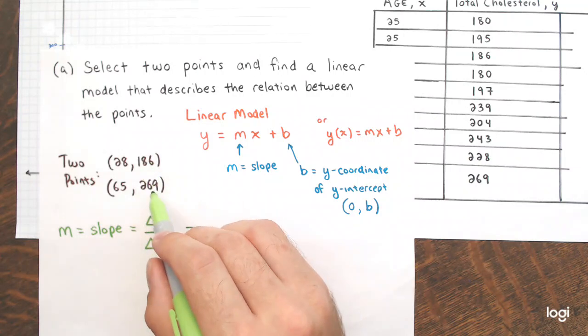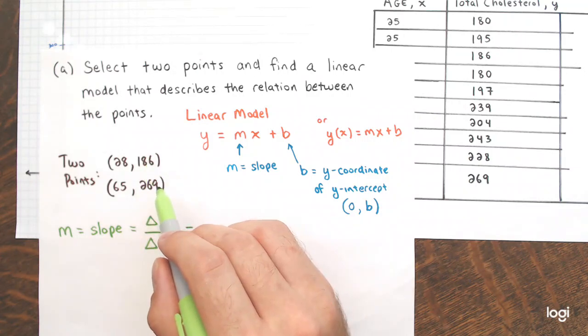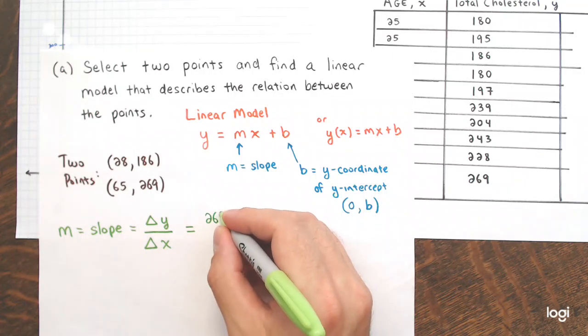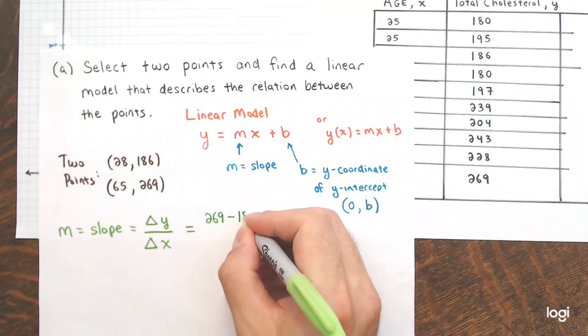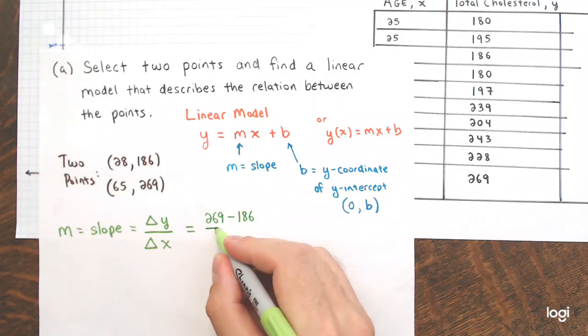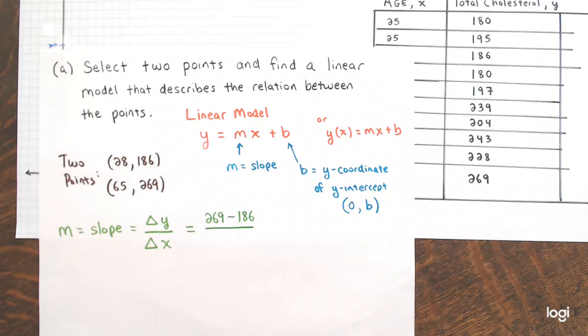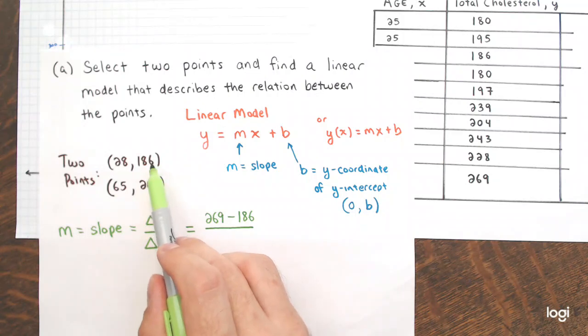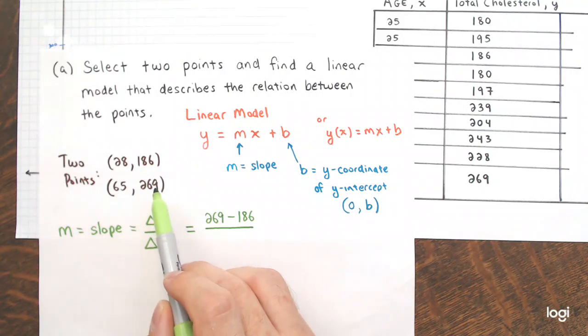Looking at the y coordinates, it went from 186 to 269. So the change in y is 269 minus 186, and that's the numerator of my slope. How much did the y coordinate, the dependent variable, change? Since it increased, going from 186 up to 269, that's a positive change.